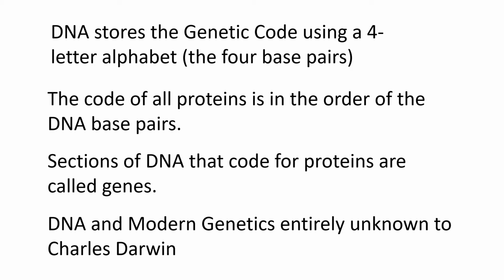Now, it is important to note that DNA and modern genetics were entirely unknown to Charles Darwin when he came up with his theory of evolution. He said that random changes in organisms were acted upon by natural selection.